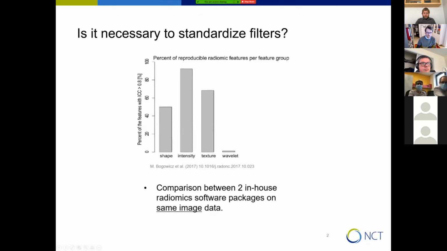What they found is some reproducibility even without standardization for shape, intensity and texture features, but when it comes to wavelet, which is a particular kind of convolutional filter, the reproducibility drops to zero. What we hope to achieve in IBSI 2 is to bring it up to 100%, so to make it reproducible.